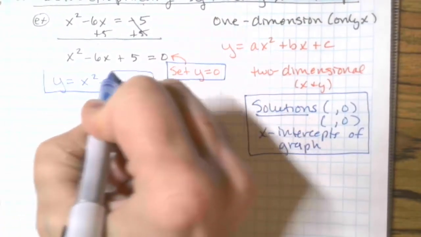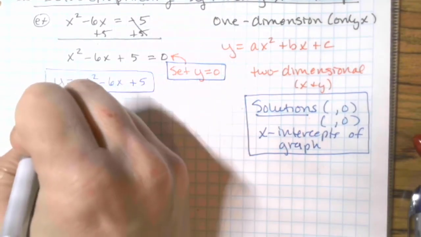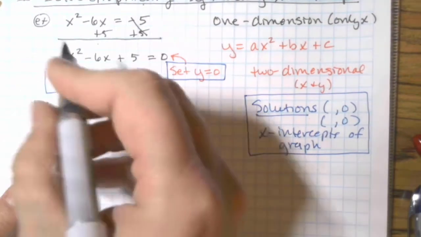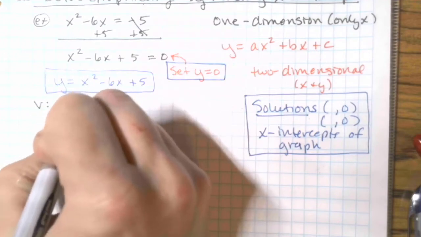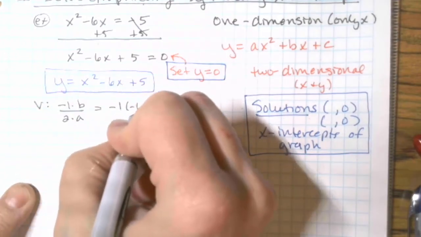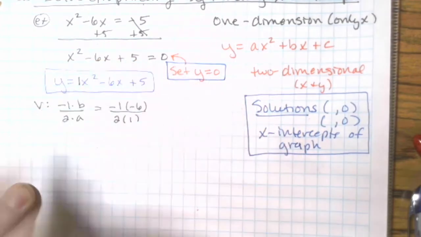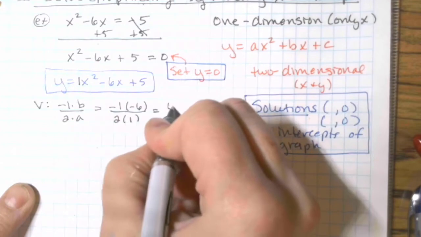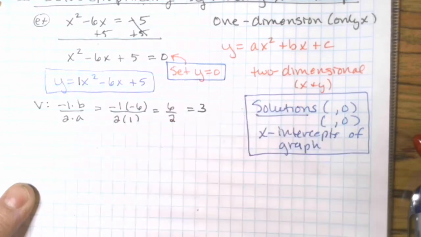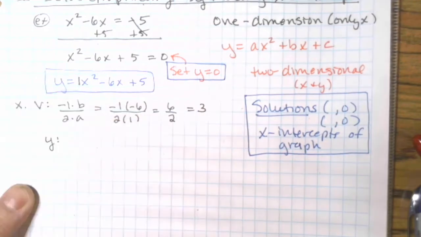This is a quadratic in standard form. So we need a vertex, and remember the formula for the vertex, -1 times b over 2 times a. So -1 times -6 over 2 times 1, because of course a is that invisible 1. That gives us 6 over 2, which is 3. Now to get the y-coordinate, so that was the x-coordinate for the vertex.